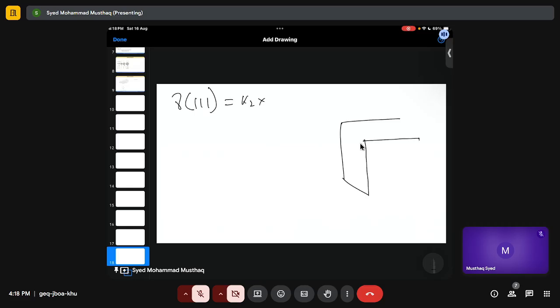Okay, so I guess this was a perfect cube so far.